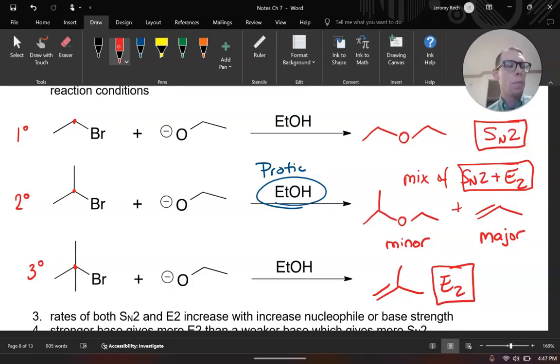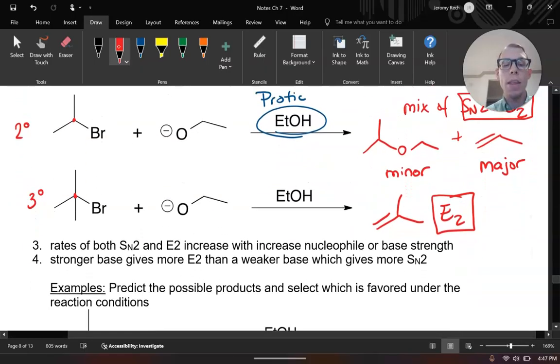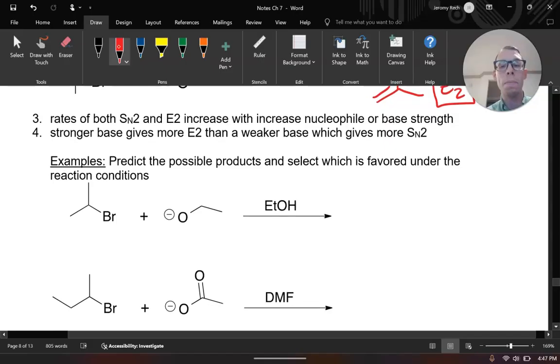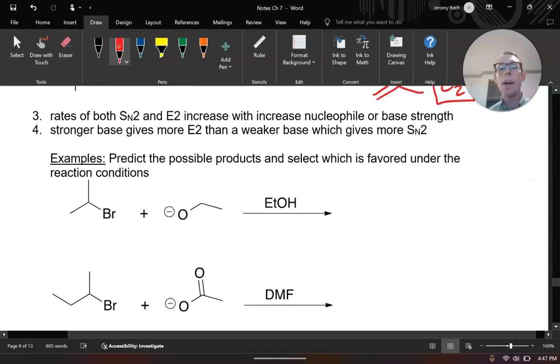Now, our next theme: as you increase your nucleophilicity or your basicity, how strong that base is, that's going to push your reaction toward either your SN2 or your E2. A stronger nucleophile goes into the SN2, a stronger base goes into the E2.